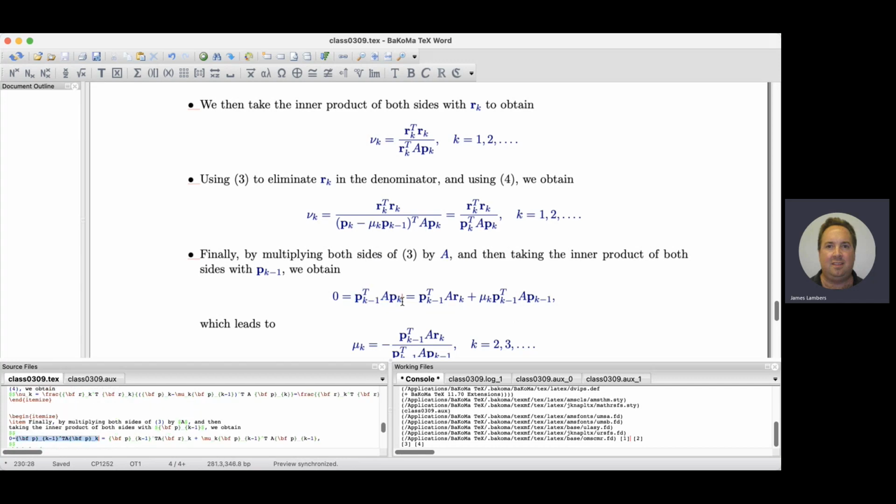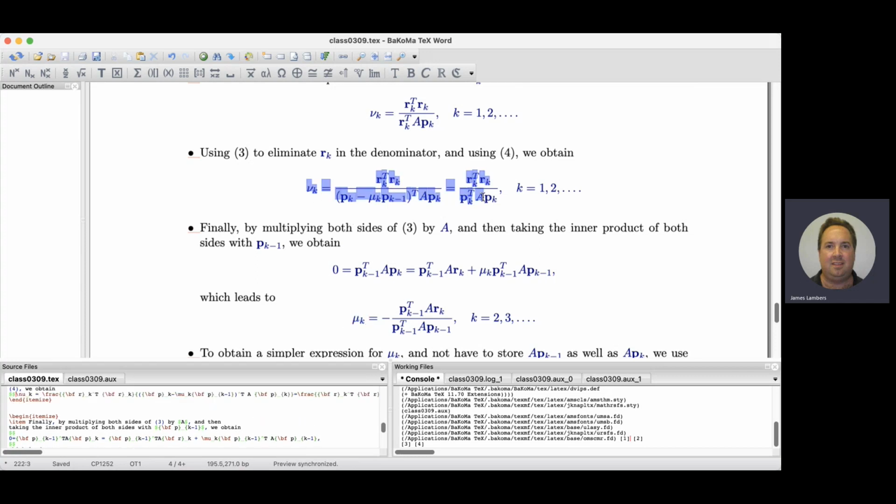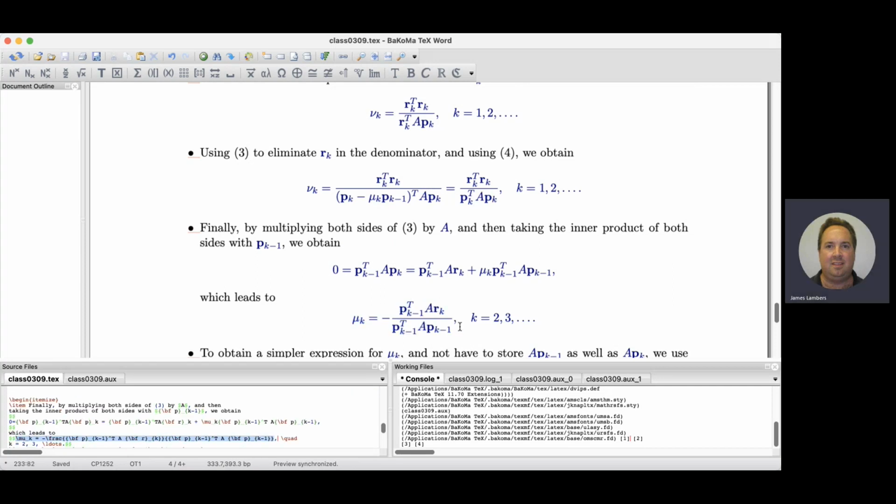I have this relationship from the left side; that's going to be 0. And then I have this on the right side. So I can rearrange this to solve for mu_k. So now I have all the scaling factors I need. I have this formula for nu_k here and mu_k here. So I technically have a complete algorithm.